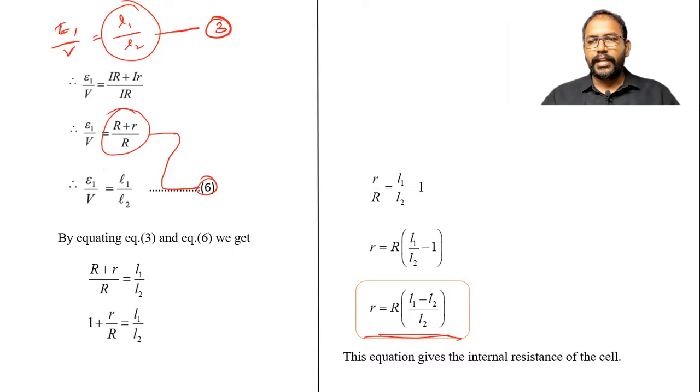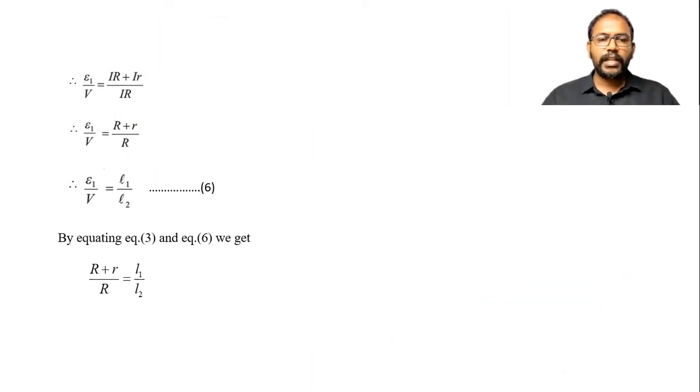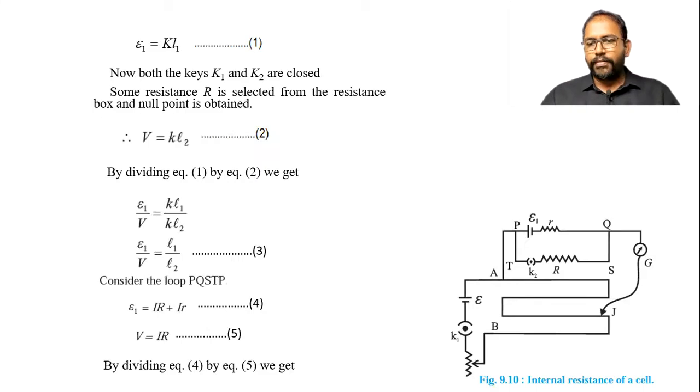You have a practical in your syllabus in which you have to find the internal resistance of a cell. In that, you have to use this formula. Remember that L1 is the open circuit length and L2 is the closed circuit length. In this experiment, we have to take some resistance from the resistance box when we are finding L2, because we are connecting K2.